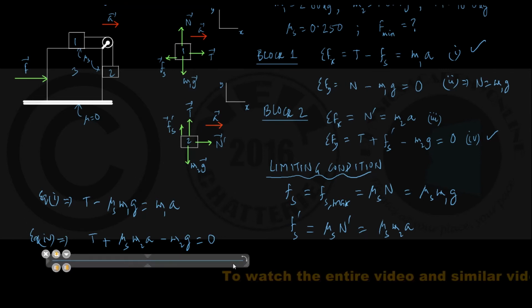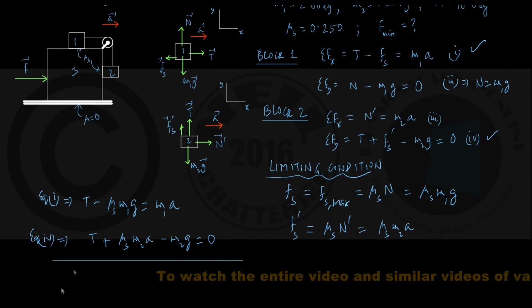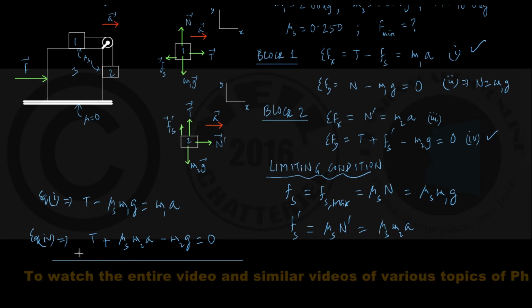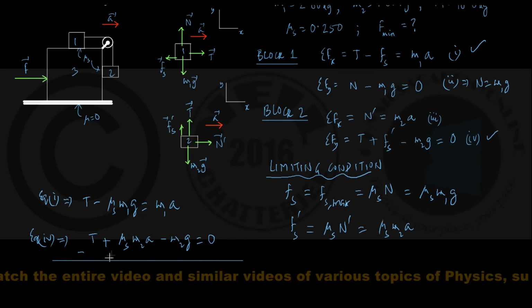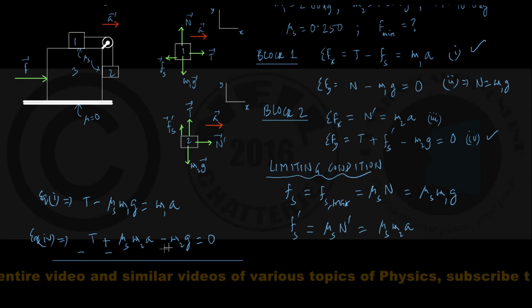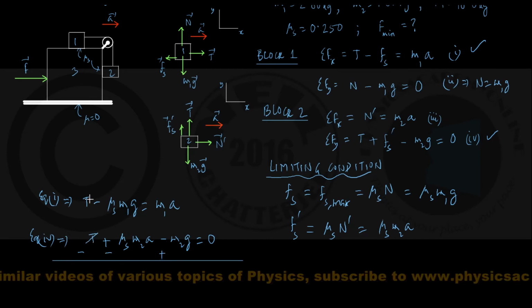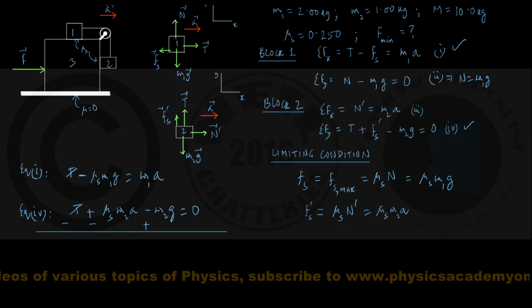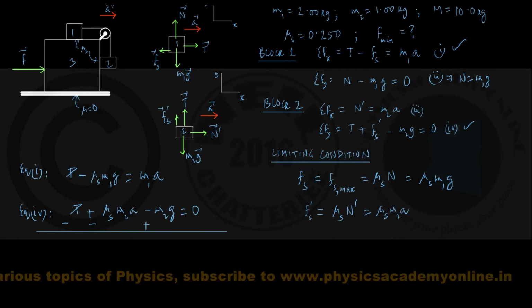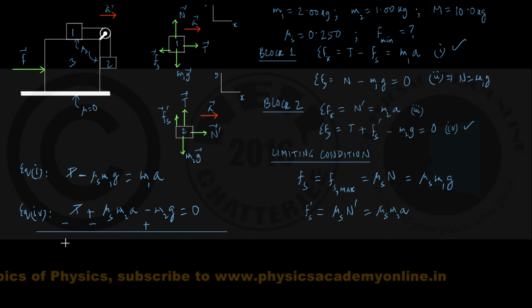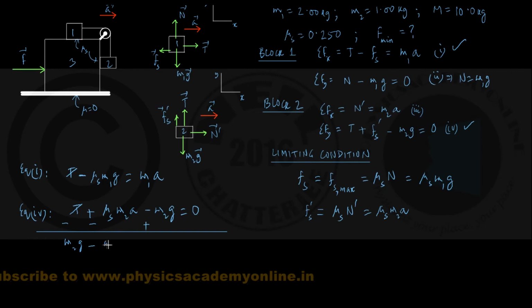I go for the subtraction, just see carefully, and if we subtract equation number 1 minus equation number 4, this minus, this becomes also minus, this becomes plus, and that is this T and minus T cancelling out. We have got, as you can corroborate yourself, this is m2g minus mu s into m1g. Let me keep it on the left hand side.